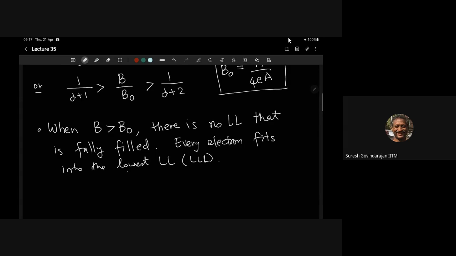So that's the significance of B naught, and we will also define alpha to be B by B naught. The interesting thing is that when alpha is less than 1, more and more Landau levels will get filled.